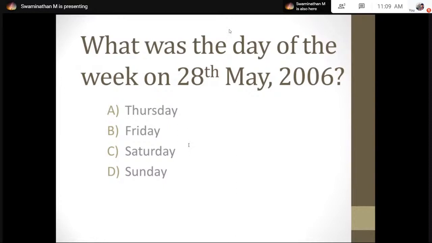So for this, you have to calculate the number of odd days. Try solving this one. I will wait for a few minutes for your answers. That is, you have to start calculating the number of odd days.